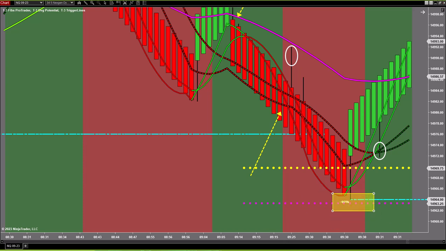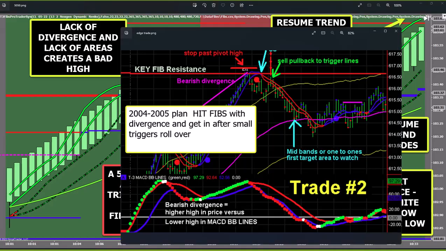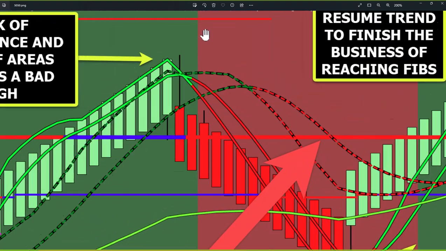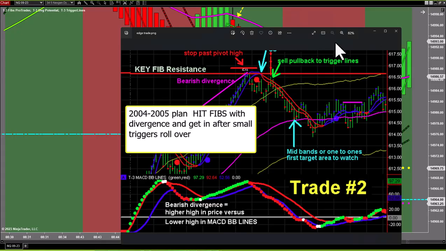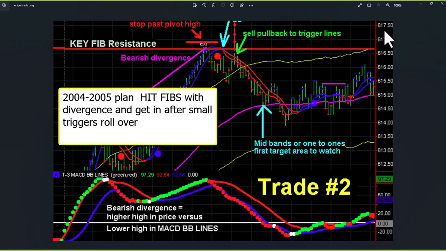Now, I want to go back in time on you guys. Bear with me 2 seconds. We started teaching this trade in 2003. Okay? I want you to understand something. 2003, 2004 trading plan.